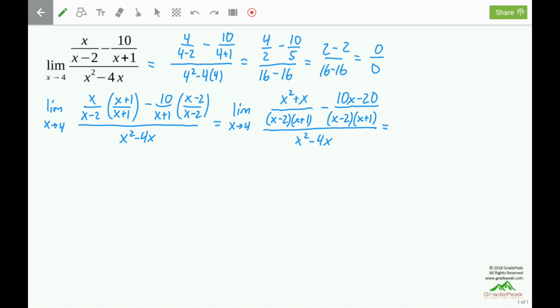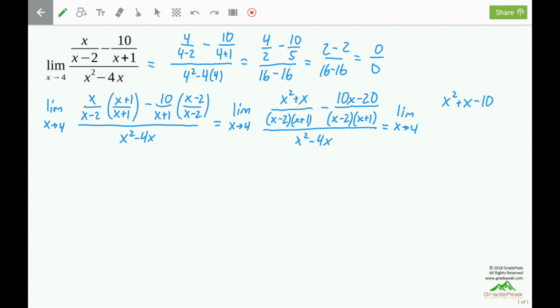We can now combine those two fractions together. That will give us limit as x goes to 4 of x squared plus x. We're going to distribute that minus sign. That minus goes on to both of these terms here. Be careful with that. It will affect both of them, so both of their signs will change.